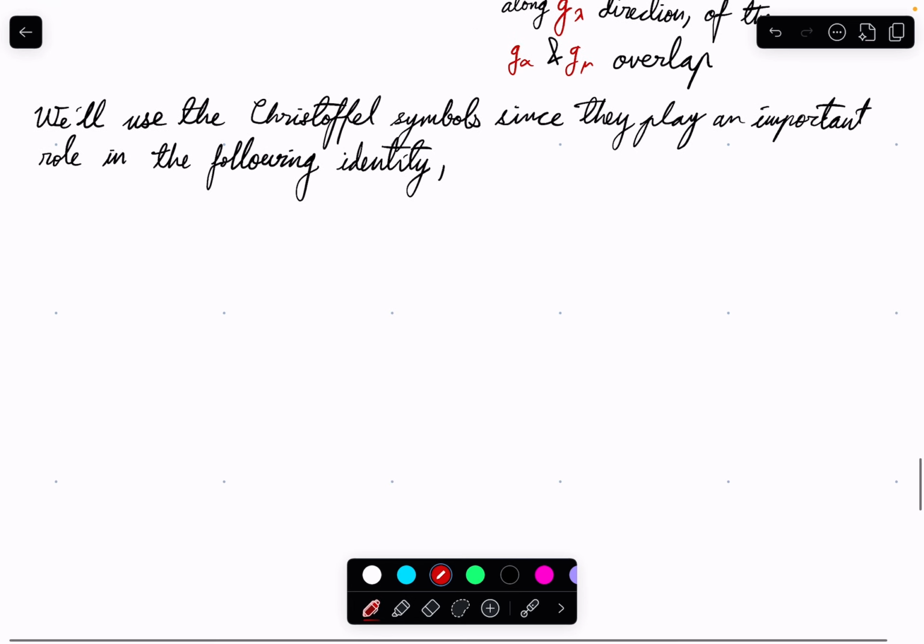And I don't know if this has a name, but I'm going to call this the Christoffel identity.